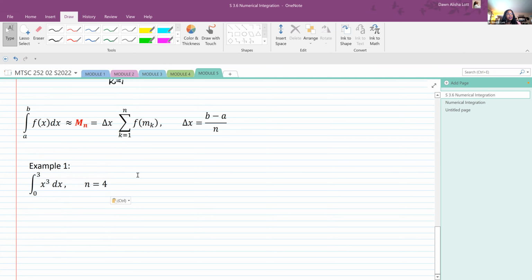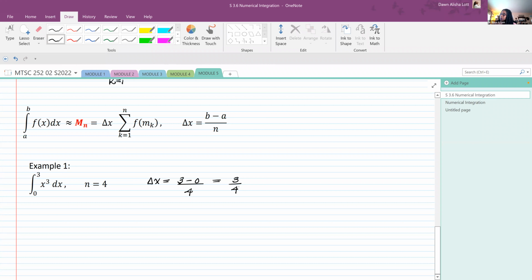All right, let's do an example. We want to do the integral from 0 to 3 of x cubed dx where n is equal to 4. Basically, delta x, which is b minus a over n, is going to be 3 minus 0 over 4. So delta x is 3/4.